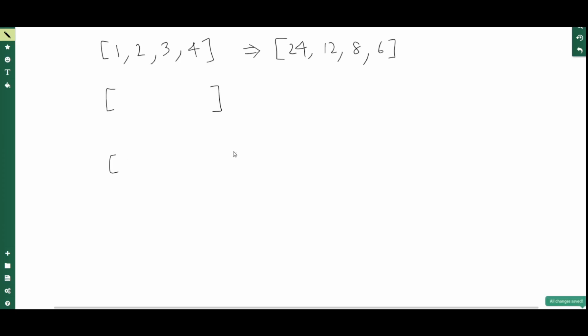They're both initialized with ones in the beginning. Let's call this LA, and this RA.